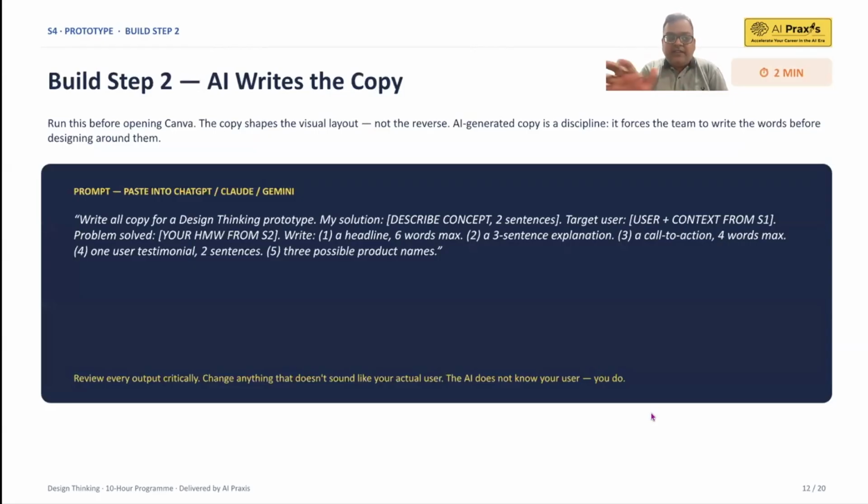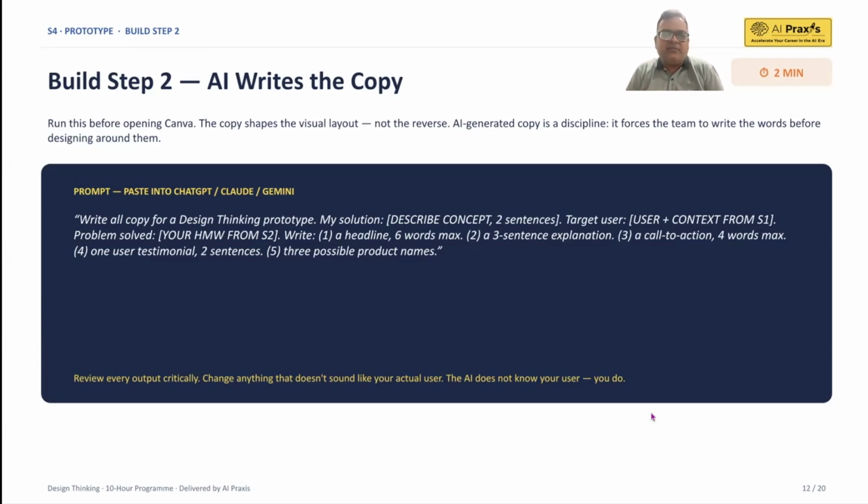Okay. Now that your paper prototype is ready, don't open Canva just yet. First, write the copy. Many people design first and write later. That usually leads to cluttered layouts and weak messaging. Instead, let the words shape the design. So you'll find a ready-made prompt on this slide.